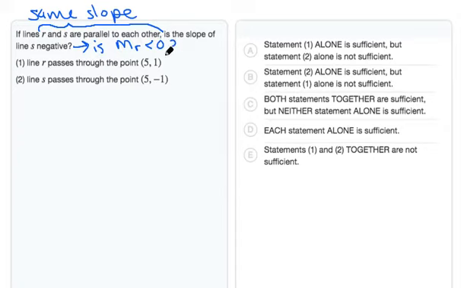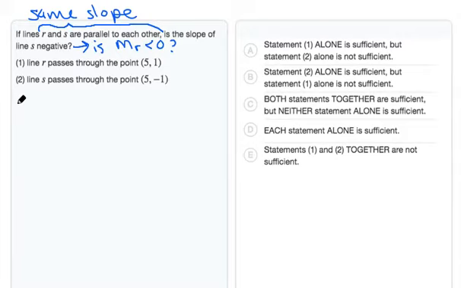So either of those will get us our answer to the question. If we can find out whether the slope of line S is negative or the slope of line R is negative, either will do to answer the question, since we know the slopes are going to be equal here.